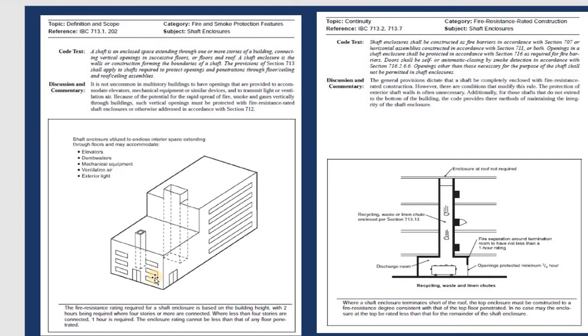They have something like a shaft enclosure, to make sure the surrounding area has special material, and they specify how many hours of fire rating before they start to design.